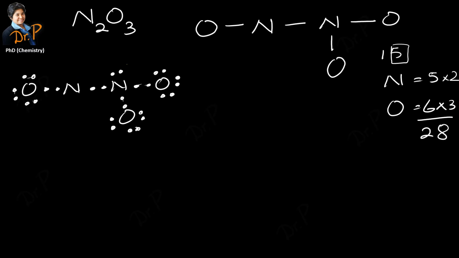Instead of having these 2 electrons in this nitrogen, I'm going to put that pair of electrons over here. So now what I'm going to put is those 2 electrons on this nitrogen, and let's do a formal charge calculation.